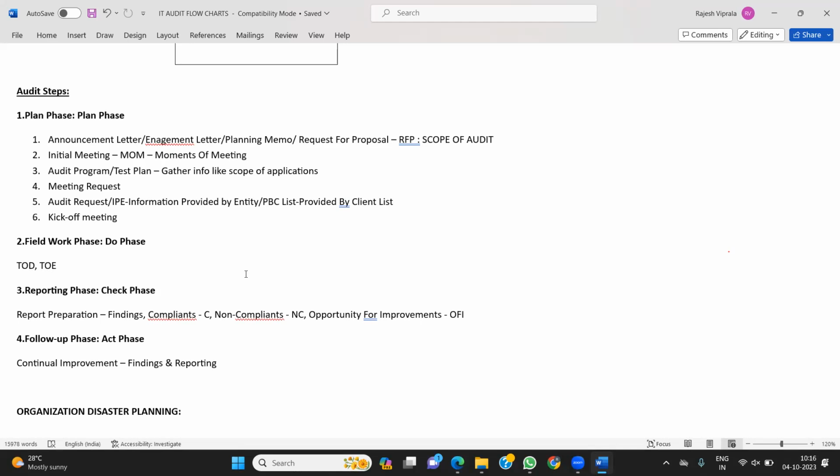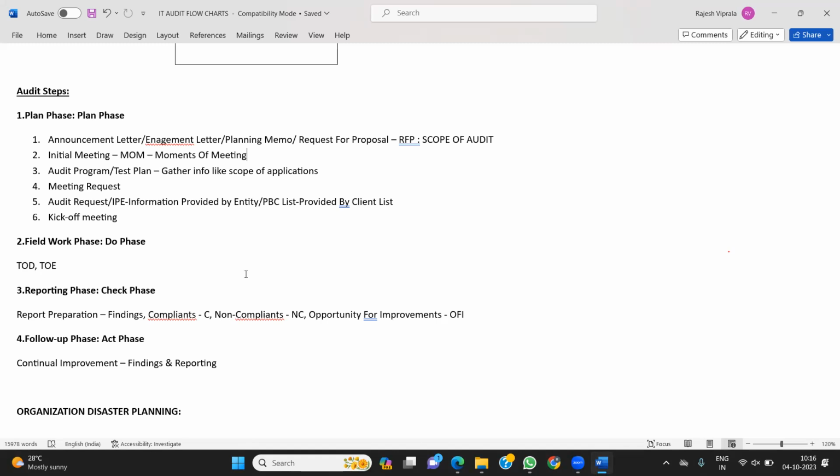Test of design is confirming whether the statement or control is relevant to this particular process or not. I gave you the example that if you are doing an audit on the HR department process, definitely you should not get a statement or control from the finance or IT domain process, correct? So that will be a failure. That is why we do the test of design.